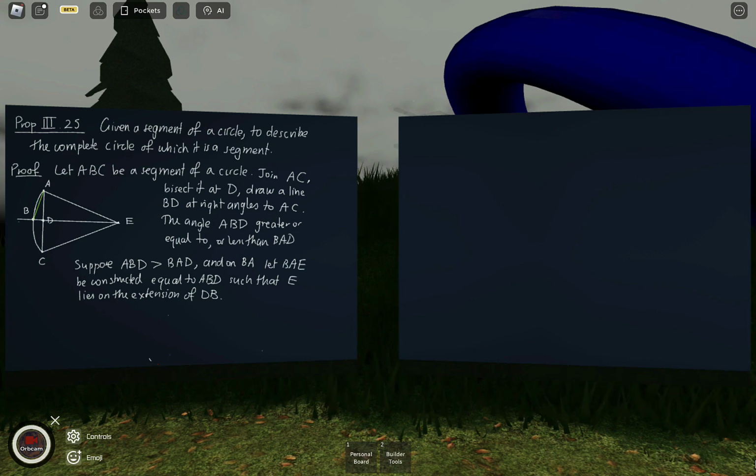Okay. Since ABE equals BAE, EB equals EA. Right, that's proposition 1.6.